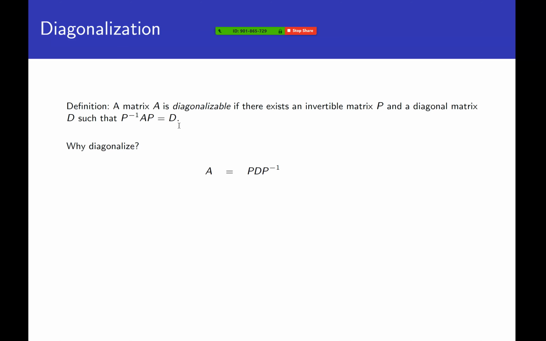Notice that if I solve this for A, since P is invertible, I can multiply on the left by P, and on the right by P inverse to get A by itself.